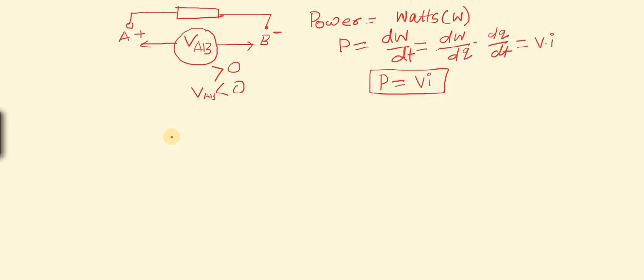Say we have an element, point A, this is point B, and current is flowing through this element, which is I, and the voltage between these two points is V.